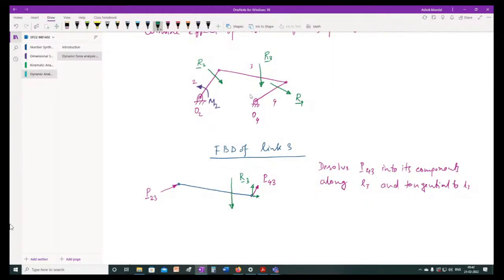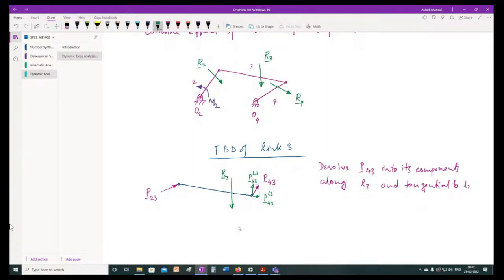Okay, so those components you will get by dissolving this P43 along these two directions, and let us call this force along the direction L3. I'm calling L3 along the length, and this force is P43 T3 tangential to link 3.